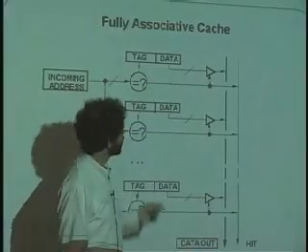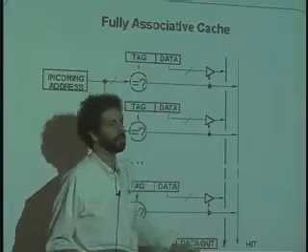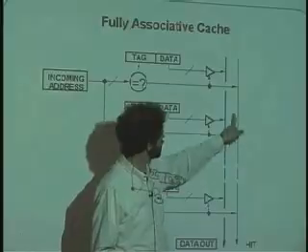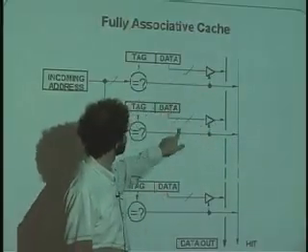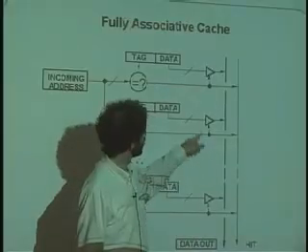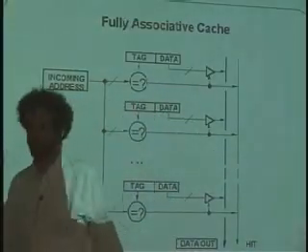Except the controls for it are the individual ones on each one of these gates here. And so there's a big OR gate, which I haven't shown here, but if any of the equal signs fire, we get a hit. And whichever one fires steers its data to the output lines, and that's the data out that comes out there.